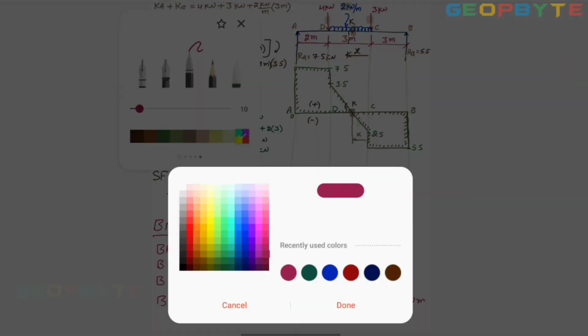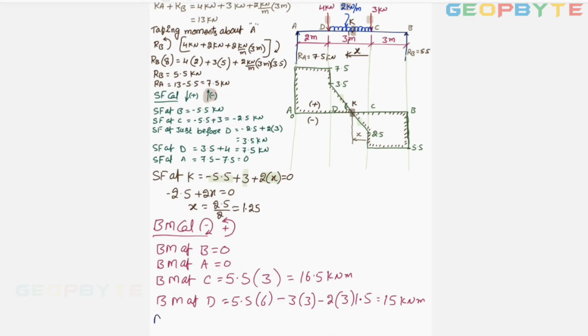One minute, I will use a separate marker, separate color. Maximum BM at K equal to, how many loads are there before K? One reaction is there, 3 kilonewton point load is there, and 2 kilonewton per meter load is there for a distance of x.